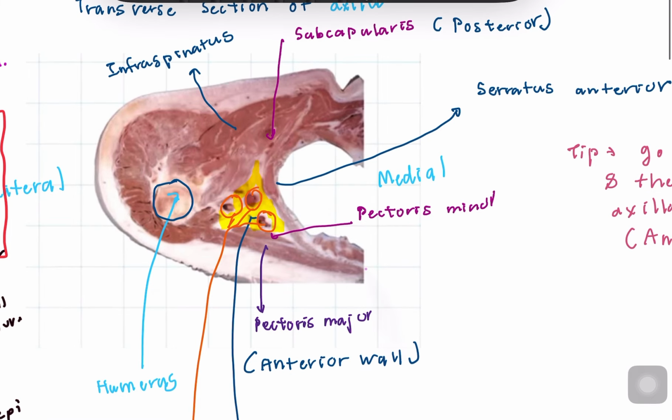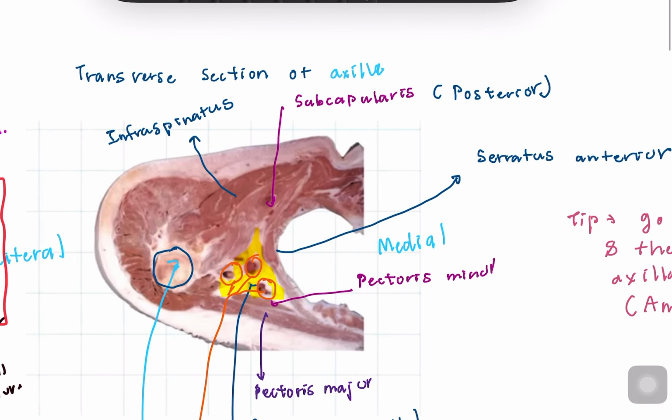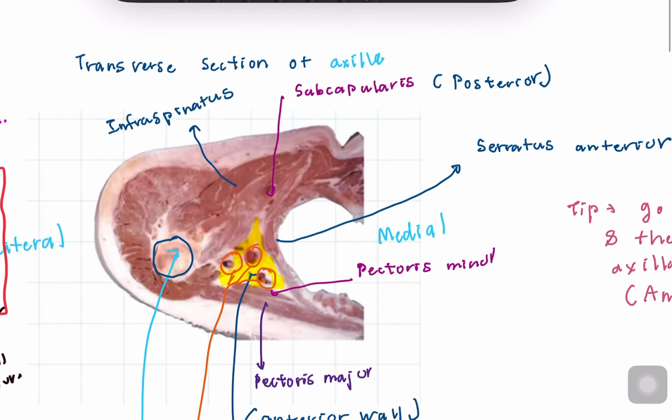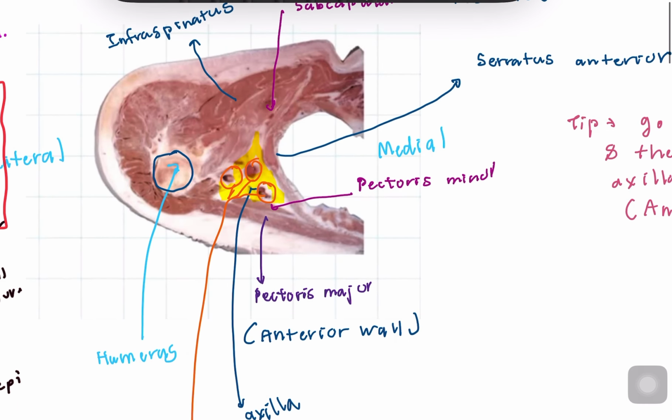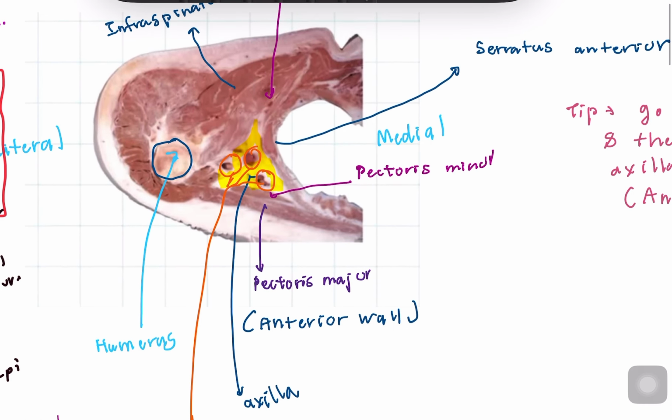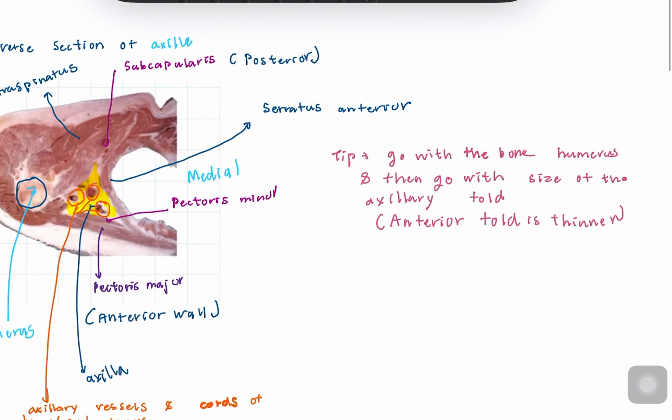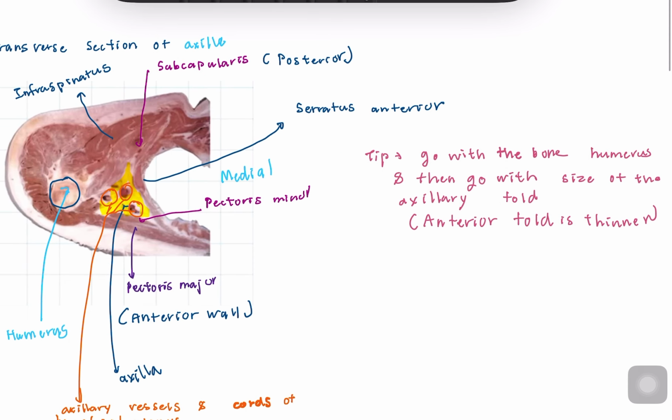So, in a transverse section, in order to identify which part is anterior and which part is posterior, we have to think about thickness. First you have to find the humerus, and then you go with the size of the axillary fold.